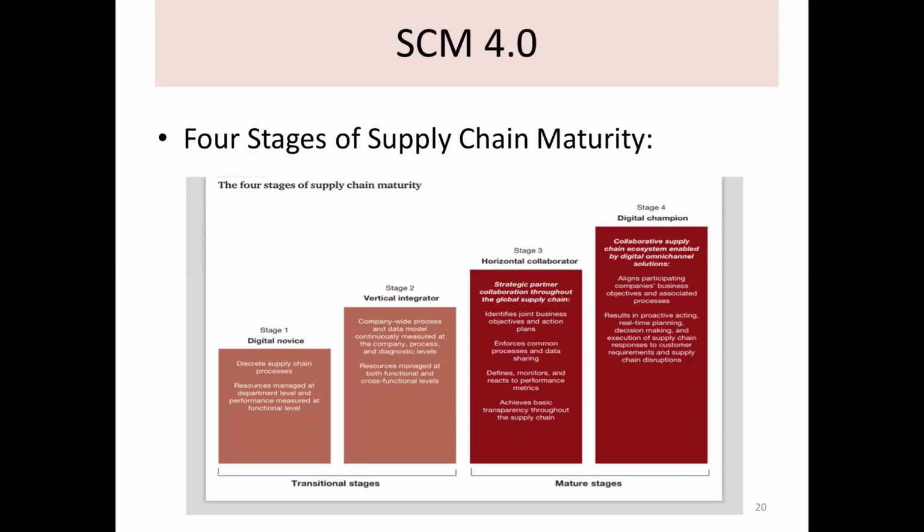And the final stage is the digital champion, where the ecosystem is enabled by digital omni-channel solutions. The first two stages are called transitional stages, and the last two stages are called mature stages.